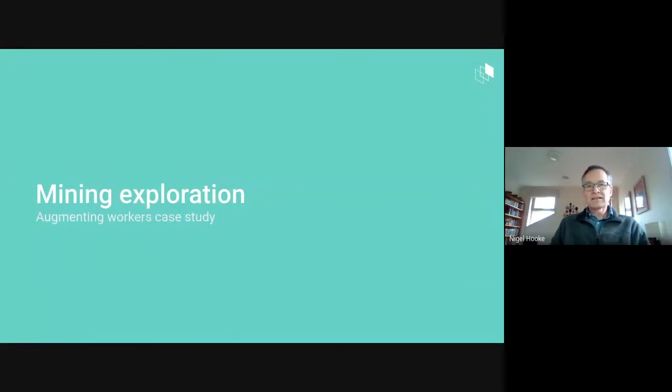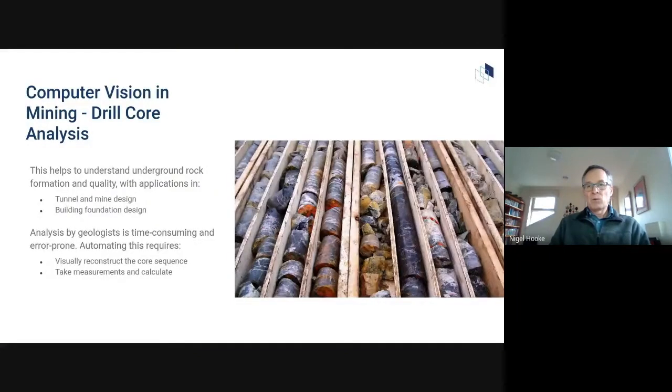This is a technique used in mining and civil engineering, where engineers and geologists want to understand what the rock structure is like deep underground. Obviously, you can only see what's on the surface, but you may want to know at what depth underground a particular kind of rock formation exists.